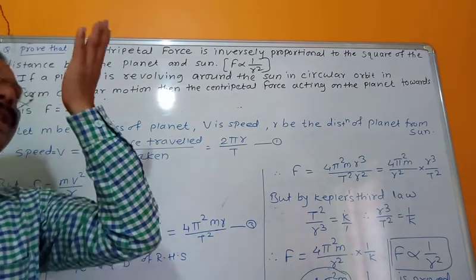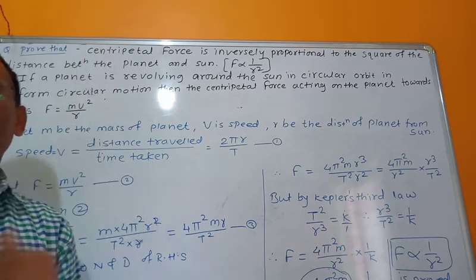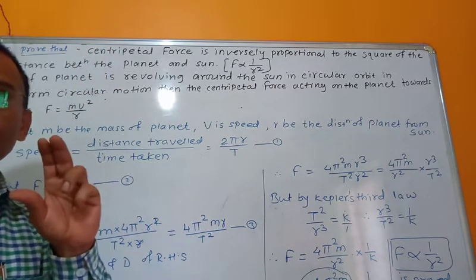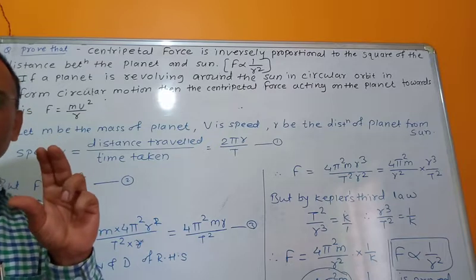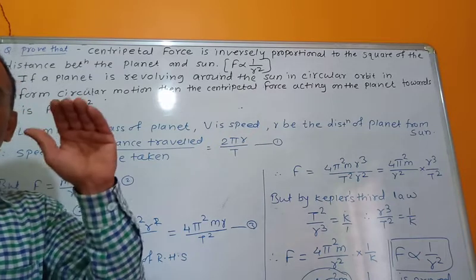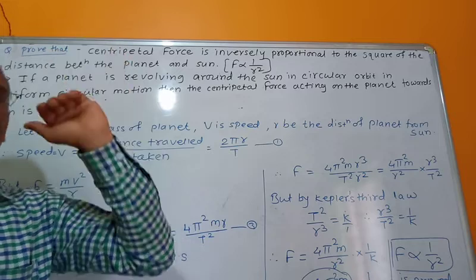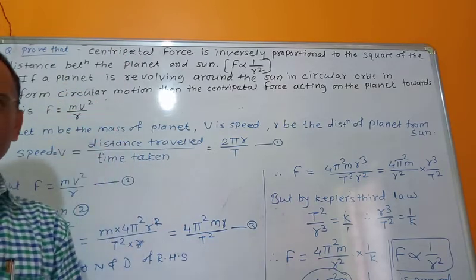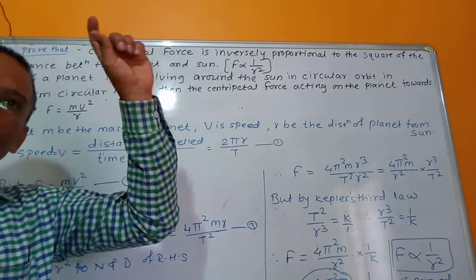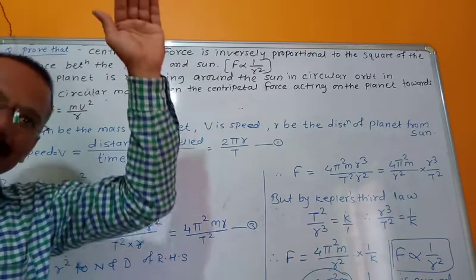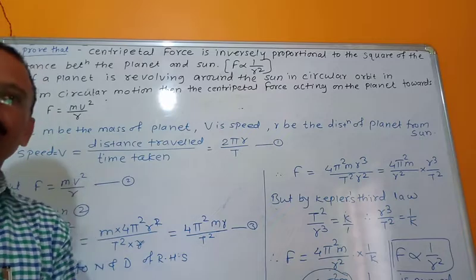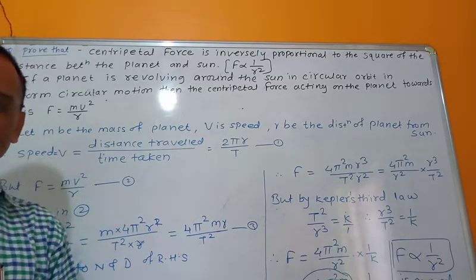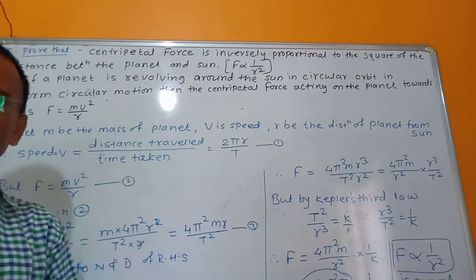When we throw any object upward, at the time of throwing it has the highest speed, and then as it goes upward its speed decreases, and at one point it becomes zero. Then it starts to come down towards the earth because of the pull of the gravitational force towards the center of the earth, and it falls vertically downward.